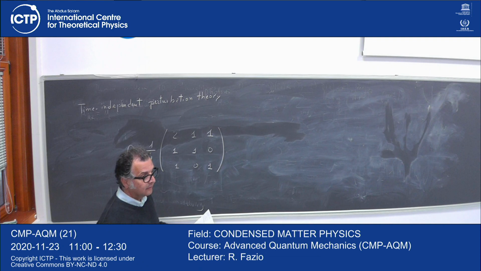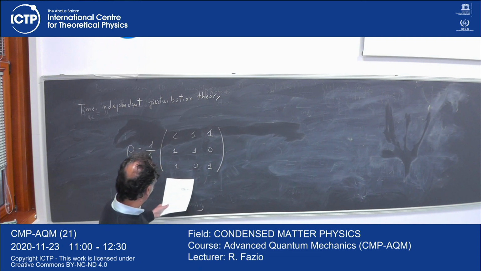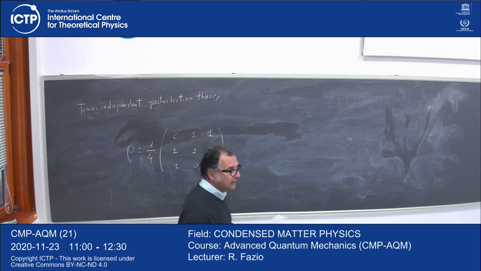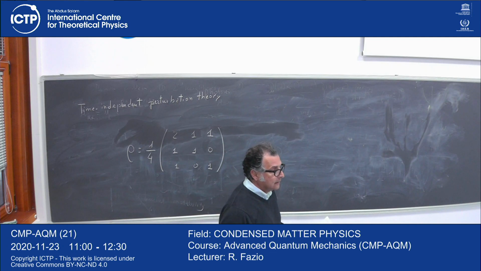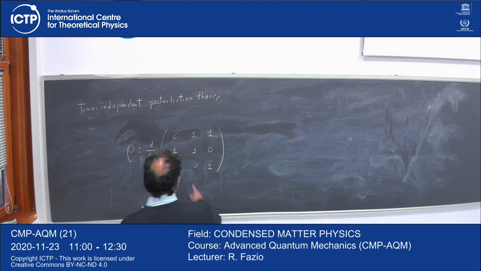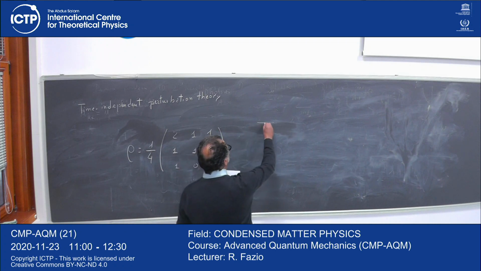So the first thing you have to verify is that the density matrix is a density matrix. The trace is 1, so this is okay.